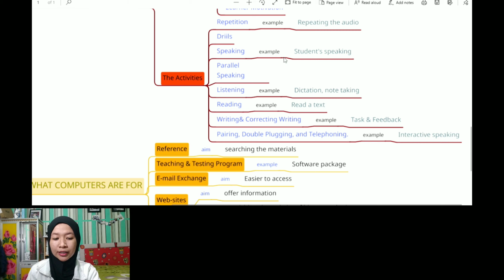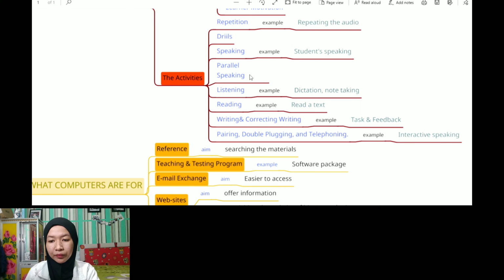So the teachers give the opportunity to students to develop their speaking skill. And then parallel speaking. Parallel speaking is where students are encouraged to imitate the way the teacher says something. So when the teacher says something, the students can imitate or repeat what the teacher says.